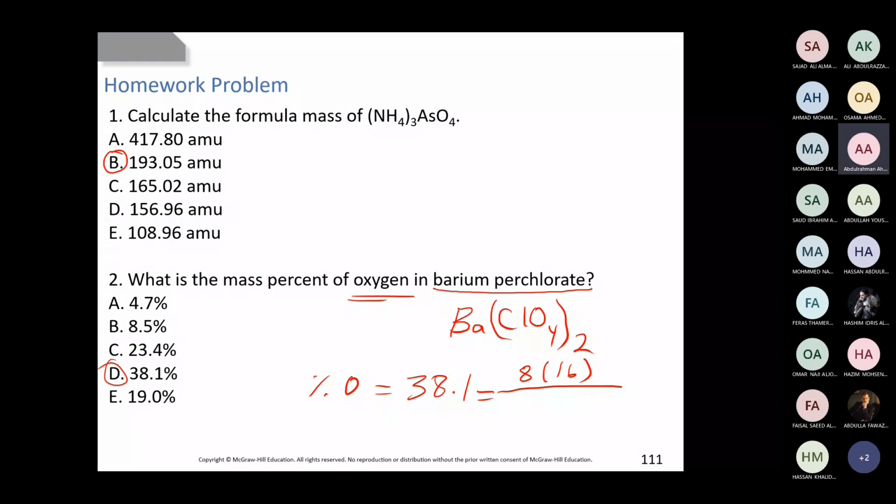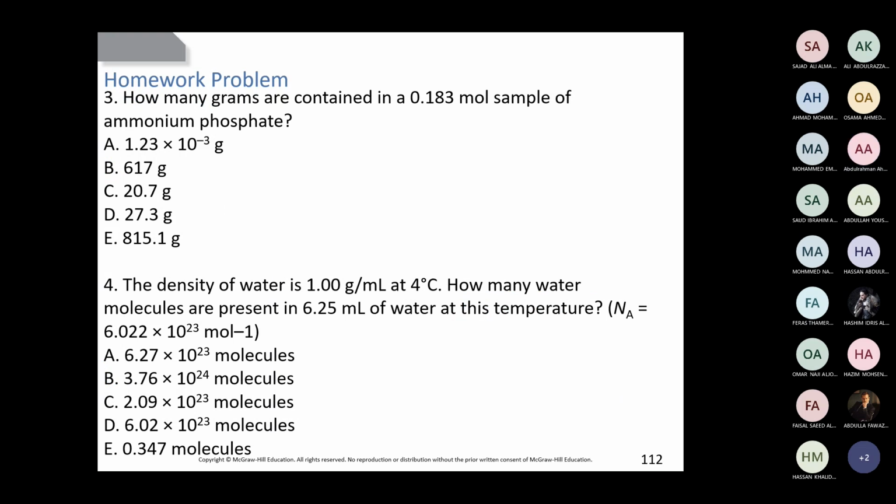I got 336. Who got the same answer? Okay, good. 38.1%.